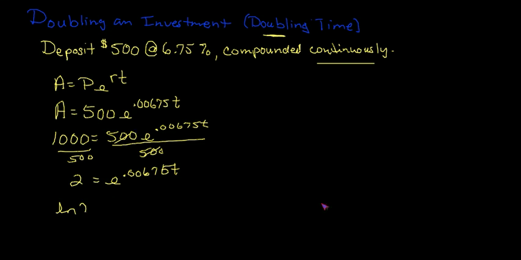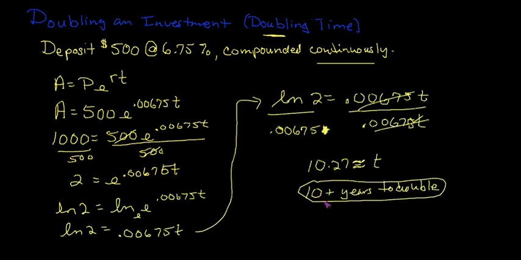Sometime after 10 years. Now one thing that turns out really nice about this, and it's something we'll run into a little bit later as well, is that we can do this every single time. Whatever we start with, if we double it, once we do this step where we divide, we're always going to get 2, we're always going to do a natural log, and pretty soon we end up with natural log of 2 divided by whatever the rate was equals our time.